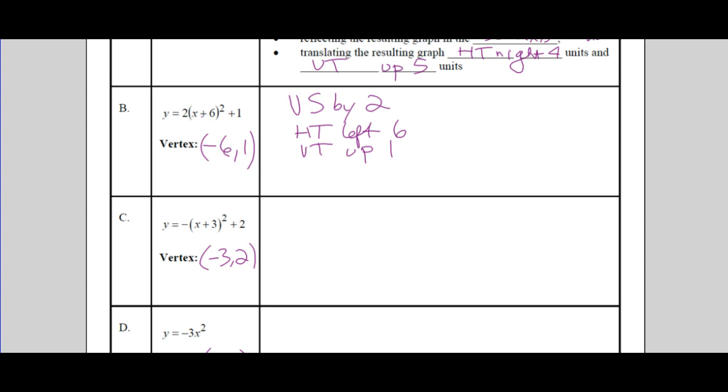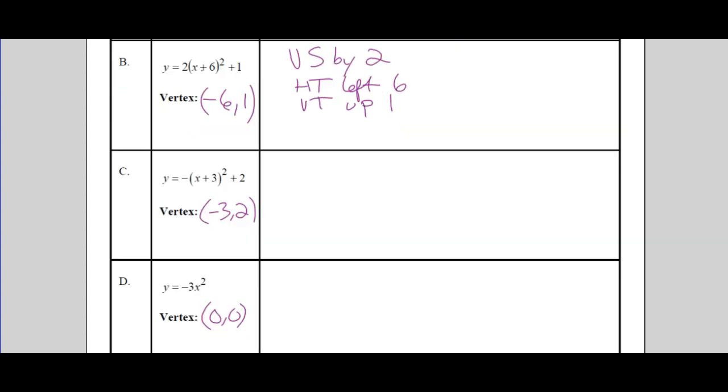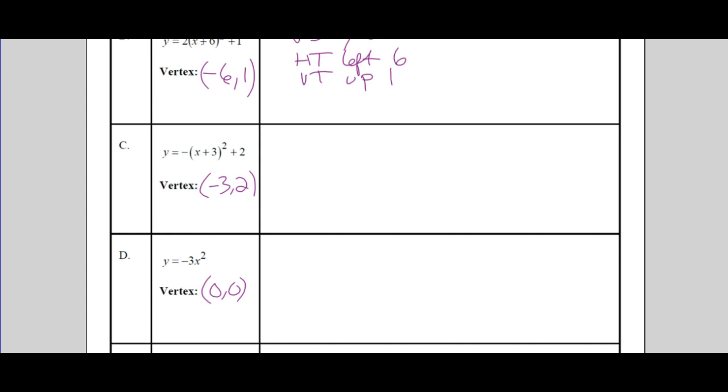So vertical stretch by a factor of 2, horizontal translation left 6, vertical translation up 1. What do we got? We've got reflection in the x-axis. So in order, there is no stretch, no number in front there, so no A. Well, there's not no A. What's A? It's 1. If A is 0, you just don't have a quadratic anymore. So reflect in the x-axis.